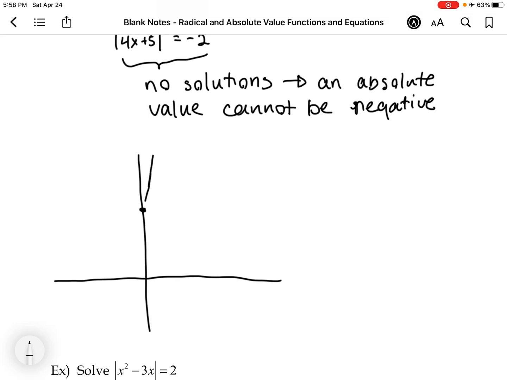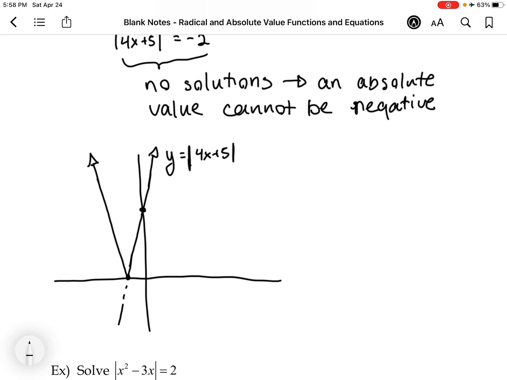The slope is 4, so this is going to look something like this. And then remember, as soon as it hits the x-axis, instead of going below, it's going to bounce up and reflect. Okay, so this would be y equals the absolute value of 4x plus 5.